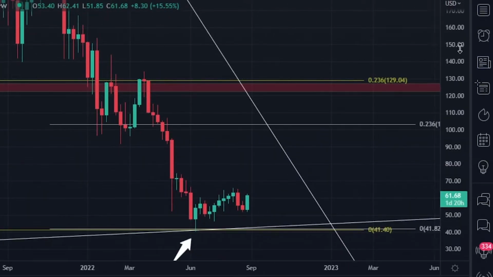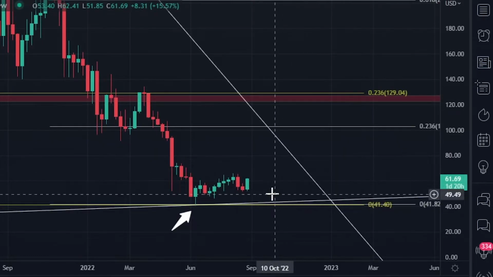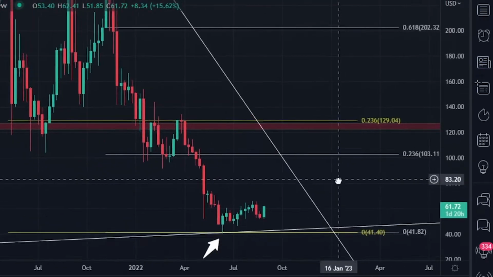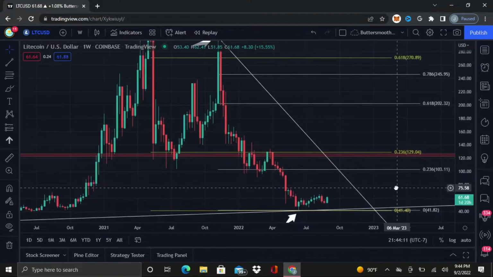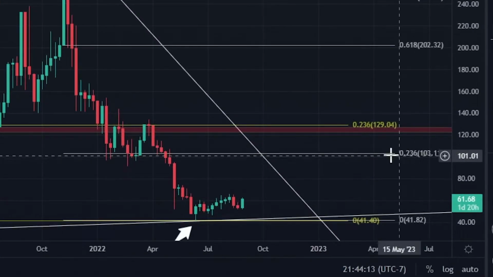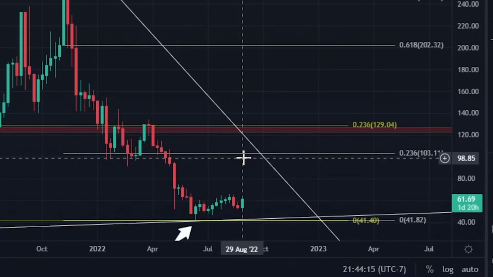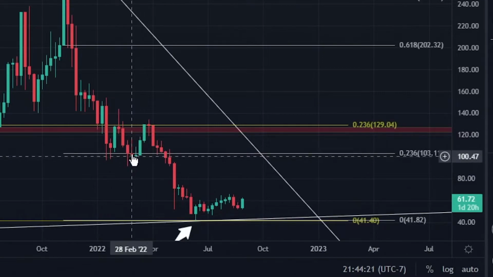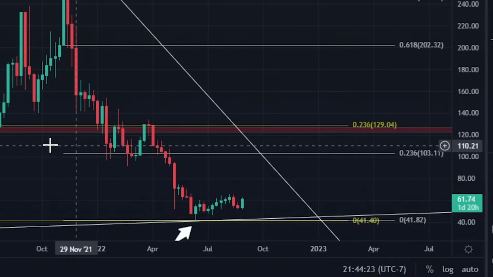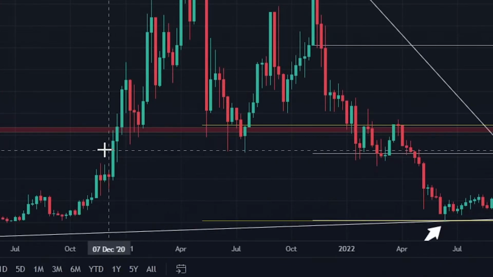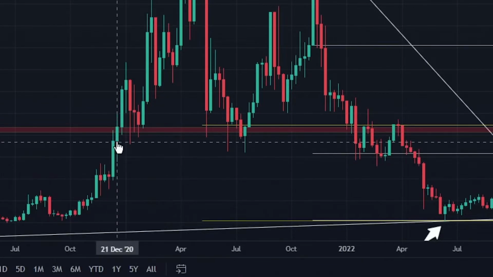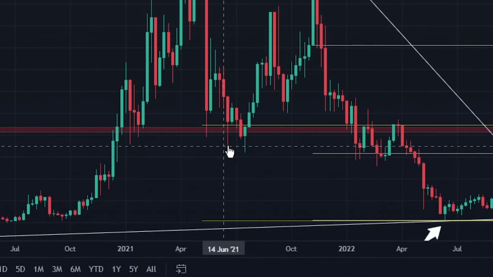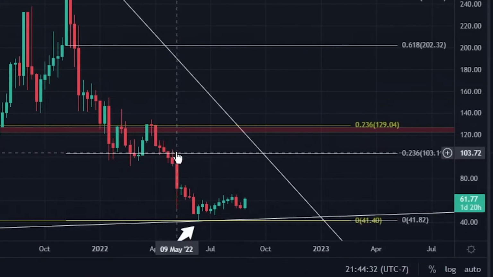The problem with Litecoin is once we do start moving a little bit, Litecoin is going to face a lot of hurdles. The first one would be the 0.236 on the white Fibonacci, which isn't as major. It's not as strong. So if I leave the cursor here, you see it was support in the past, support a few times back here, kind of resistance before we broke above, and it's been support ever since until we broke below it.